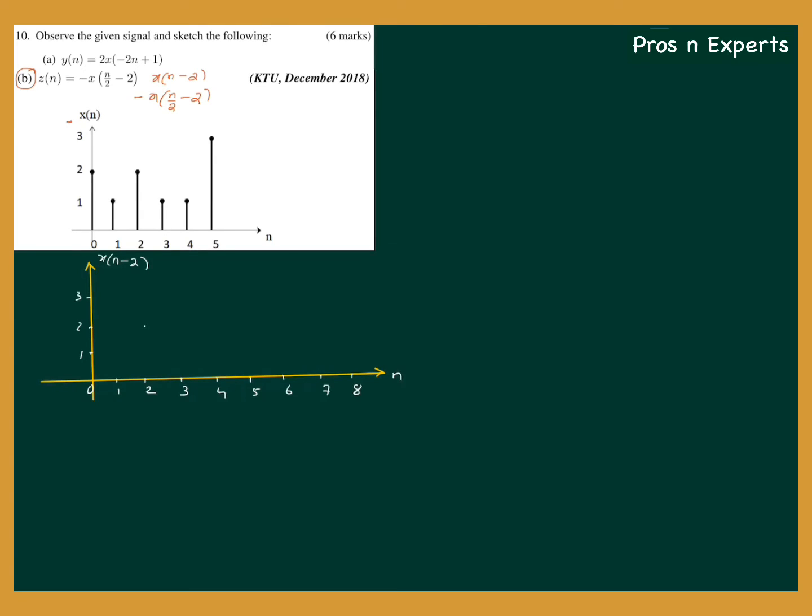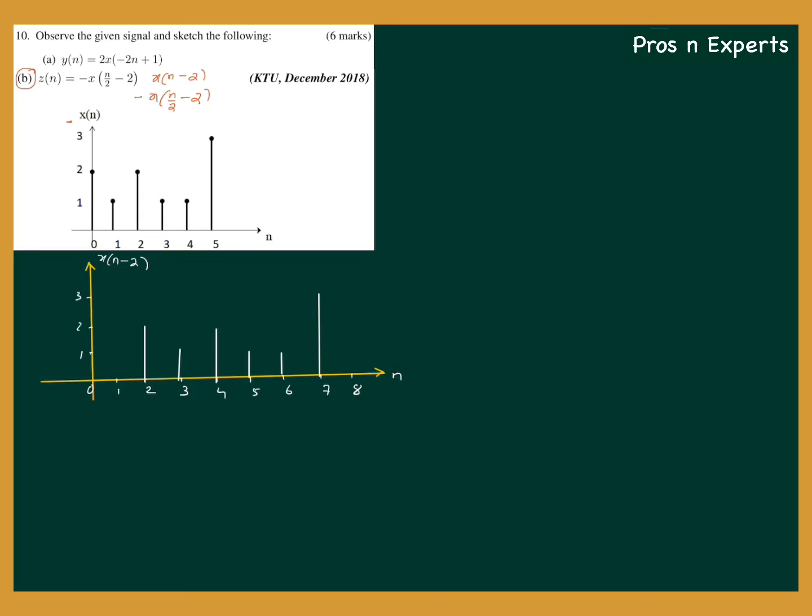Starting sample at n equal to 2, then sample 1, then again sample 2, sample 2 at 4, then sample 1, again sample 1, and the final sample is at n equal to 7, which has an amplitude 3. Okay, so this is x of n minus 2.